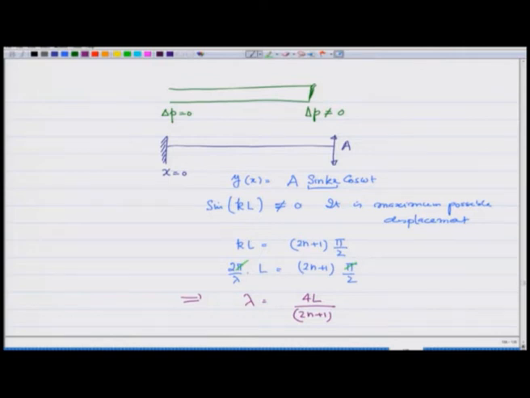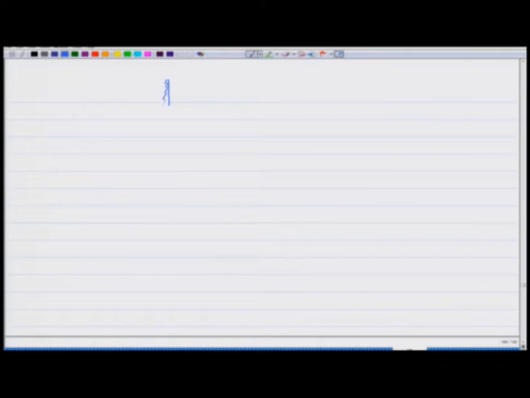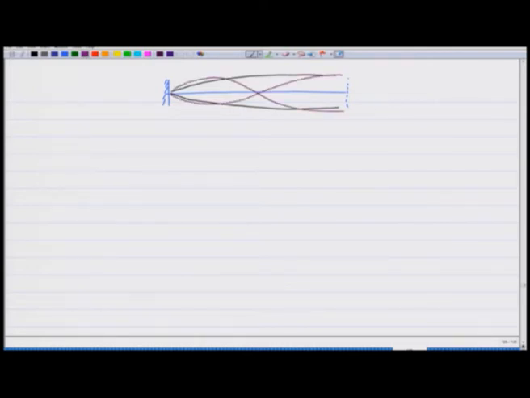Exactly the same thing is going to happen in the present case. Here is a string which was tied and this end was vibrating. So, I could have modes where I had either lambda by 4 or 3 lambda by 4 and so on.